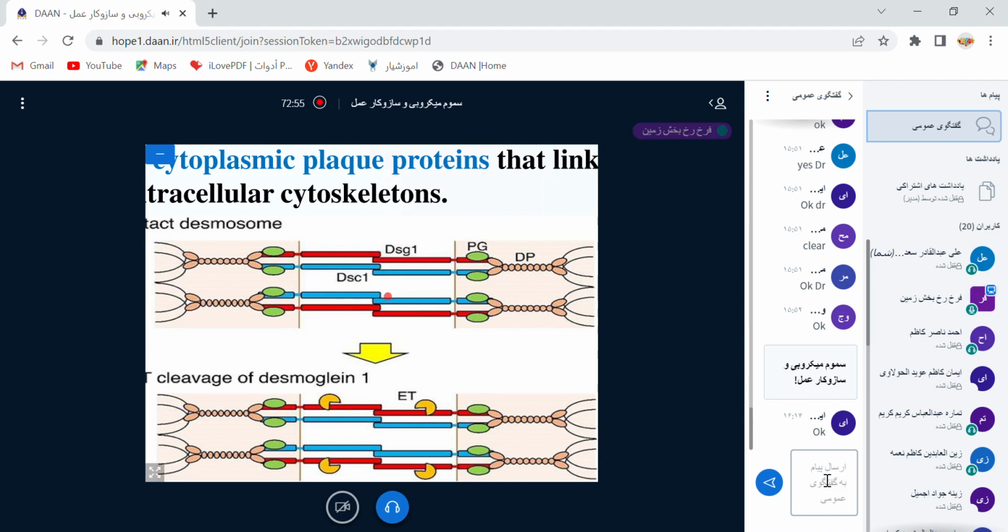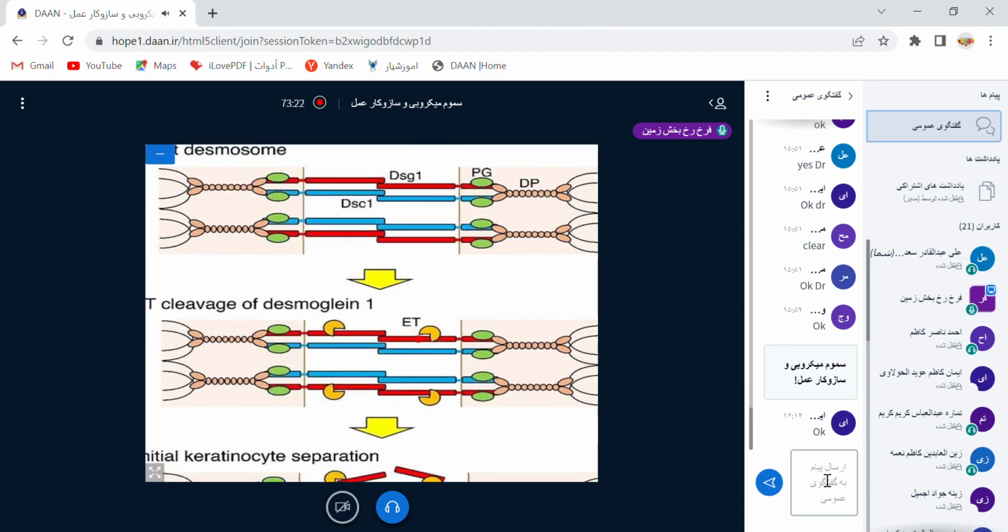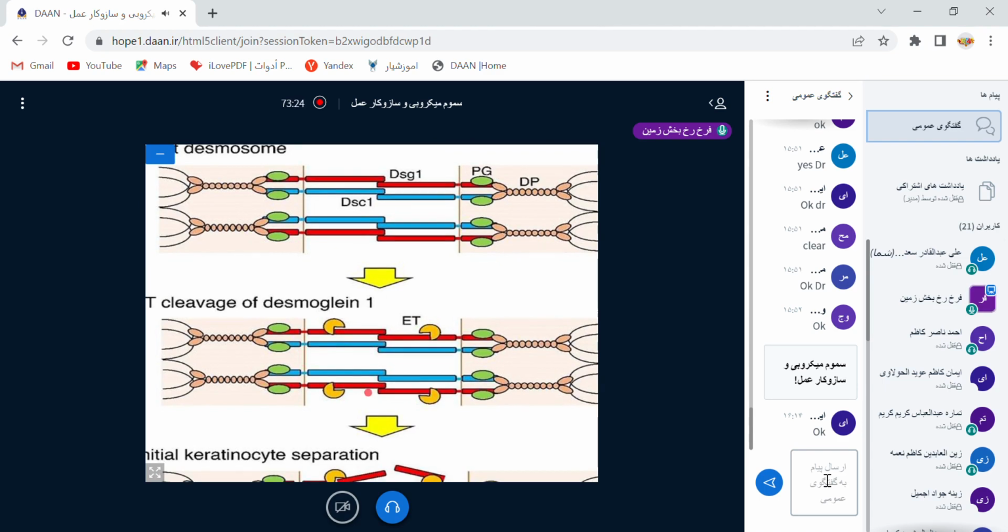Okay? So it is exfoliative toxin. Exfoliative toxin attacks DSG1, the red ones. You can see there are 4 red ones, 2 related to the left cell and 2 related to the right cell. And exfoliative toxin breaks the red ones.